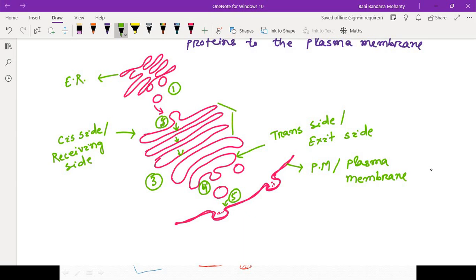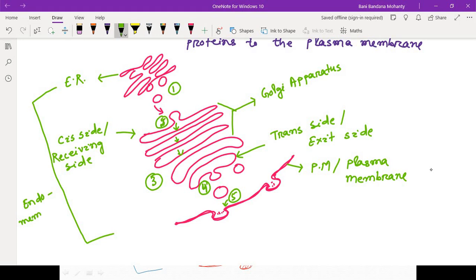These stacks are the Golgi apparatus. And the whole process here is part of, or forms, the endomembrane system. I hope you got it.